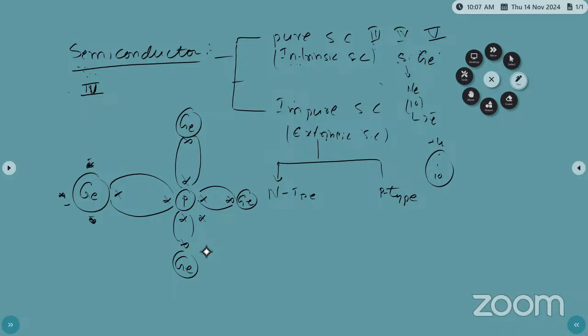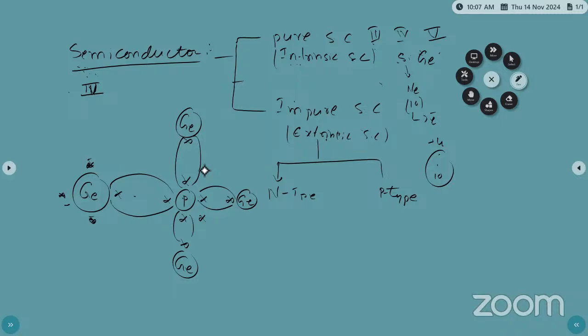Now, listen carefully, the phosphorus is having 5 valence electrons, right? And germanium is having only 4 valence electrons. These 4 valence electrons of germanium are forming 4 covalent bonds with phosphorus valence electrons. The phosphorus is having 5 valence electrons. Out of 5, the 4 valence electrons of phosphorus are forming 1 covalent bond, 2, 3, 4.